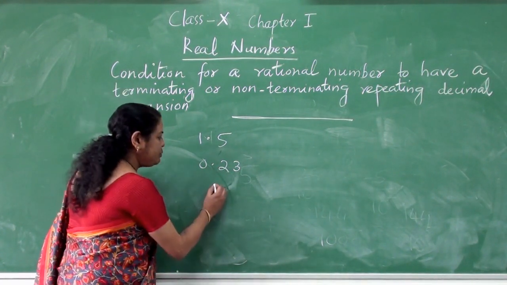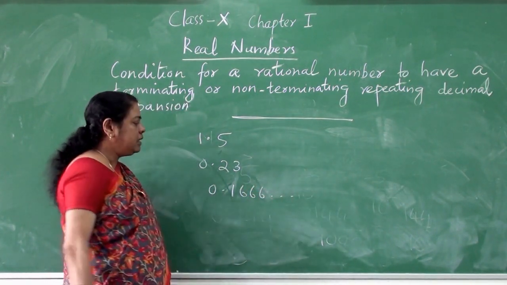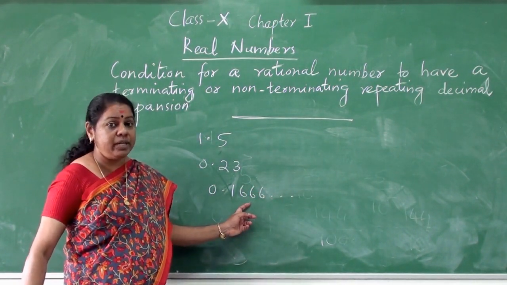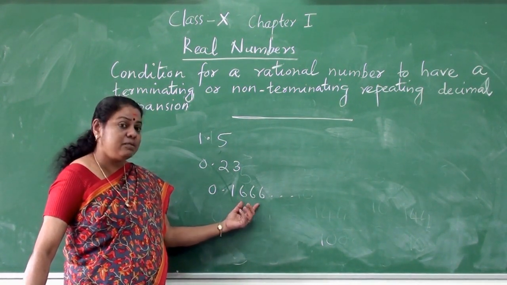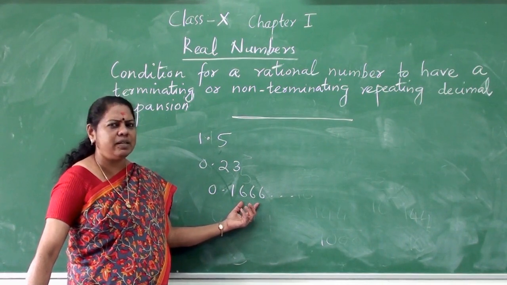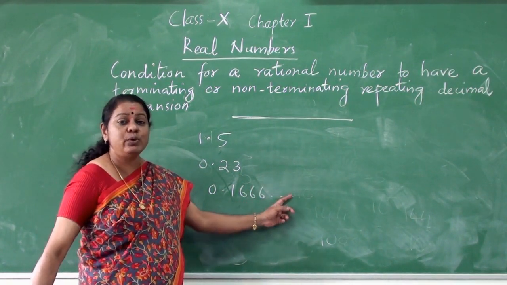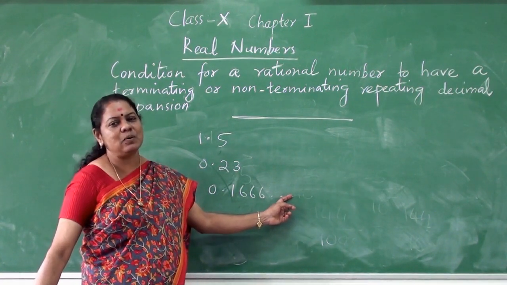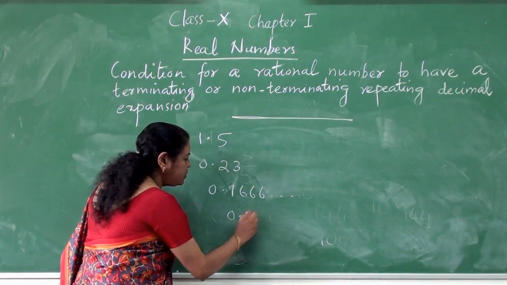And again, suppose we are given 0.1666 etc. Here 6 is repeating. That is, the decimal expansion is non-terminating, not ending, but the digit 6 is repeating. Then that also represents a rational number. Again, another number, say 0.23 bar.